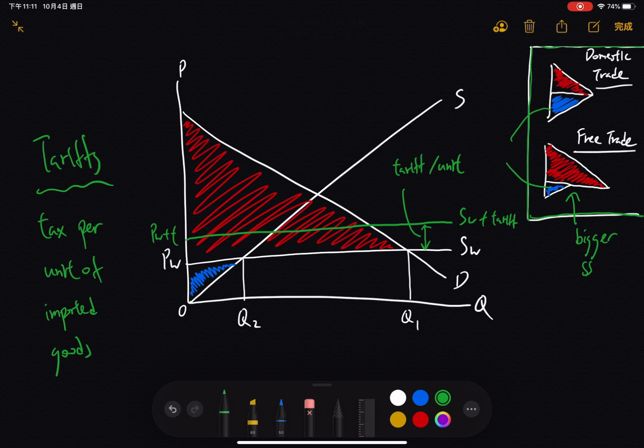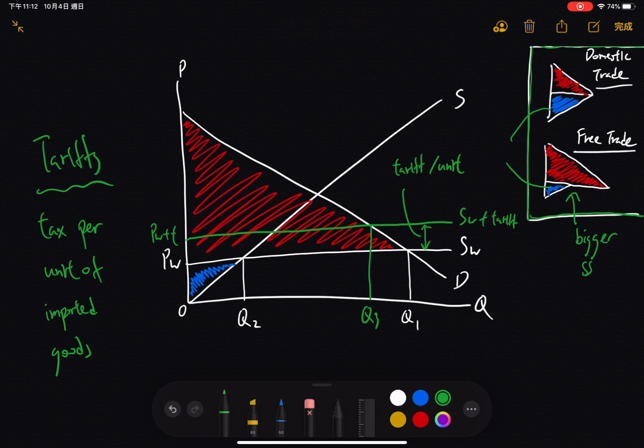But because of this tariff, look, the price is being dragged up. Now because they have to buy the product at a higher price, they are only willing to buy less quantity of it. So now they are only willing to consume at Q3, because of the law of demand. Simple concept. This is what happened to the consumers.